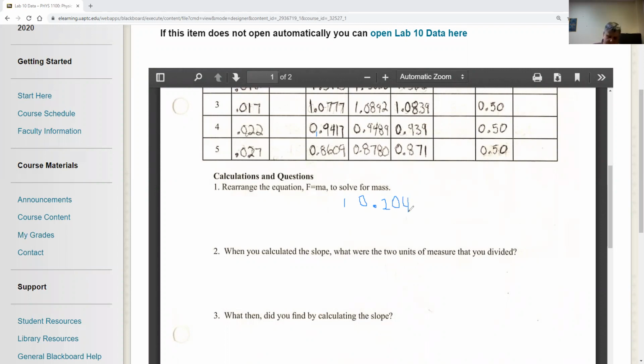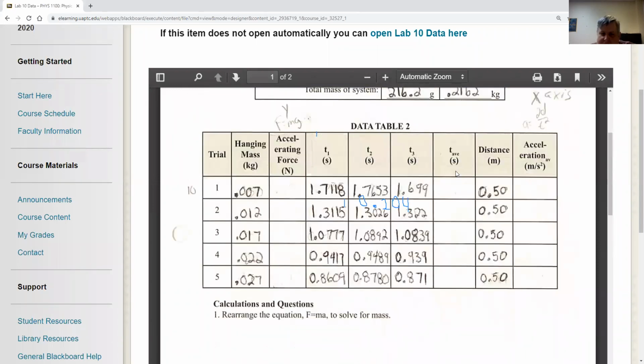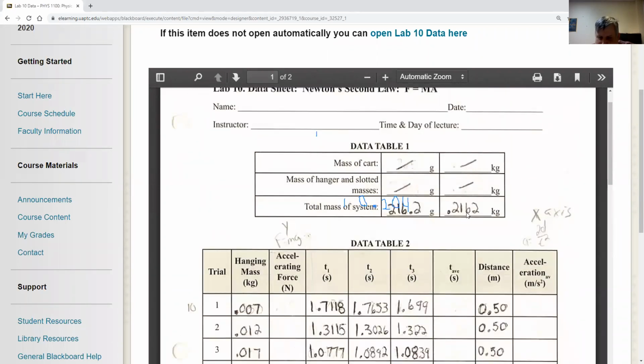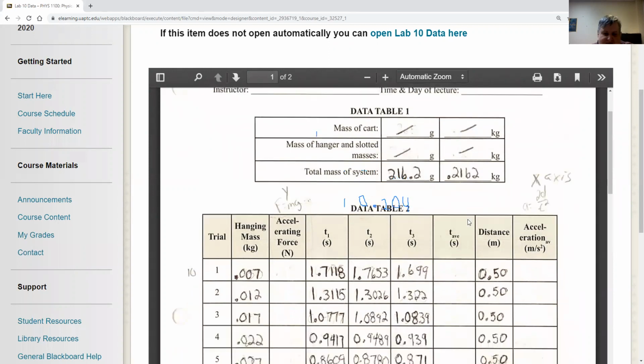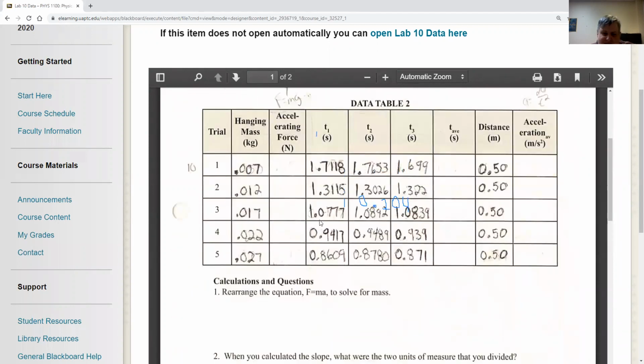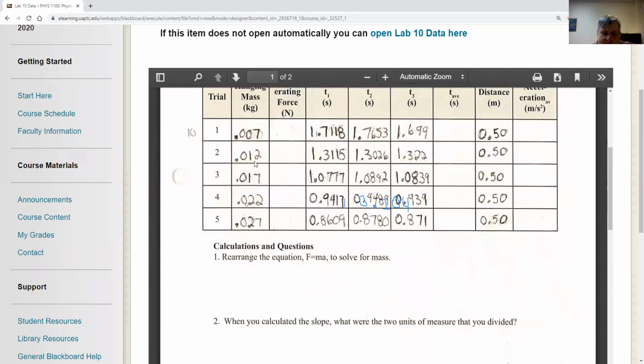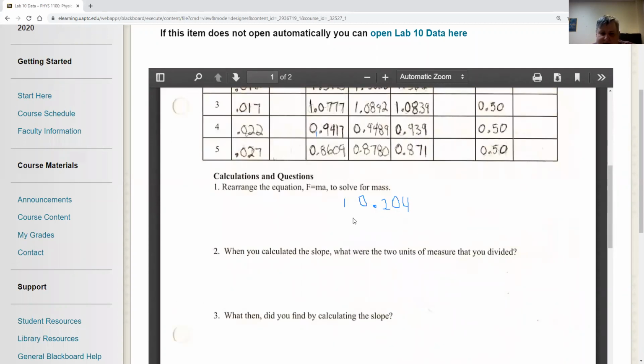And what we're doing here is we're calculating the mass of the entire system. So with this first number, this 0.204, that is approximating this number right here, 0.2162. So you're going to do this for all 5 rows. You're going to come down here and calculate the mass for each row, just like I did here.